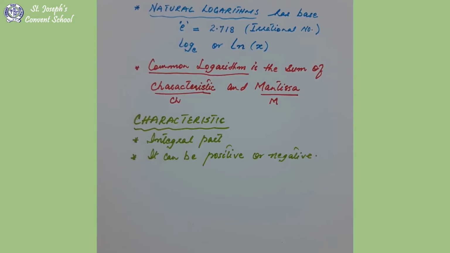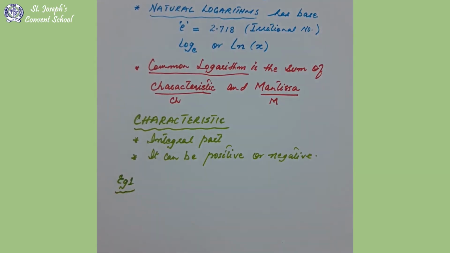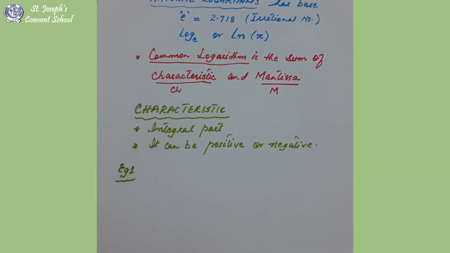This is the first step of the common logarithms, to find the characteristic. Okay, let me explain it. Now I'm going to give you the example so you can understand. First I'll give you the example of a positive characteristic, how to find the characteristic.